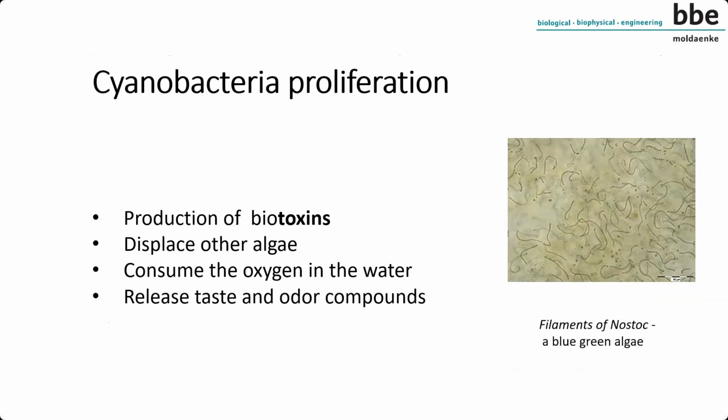Maybe they can protect themselves against feeding, but nevertheless, these biotoxins are harmful to many other organisms, especially to livestock, but also very well known for dogs and cats, and also for swimmers and human beings. That means if they ingest these toxins, they can become ill.